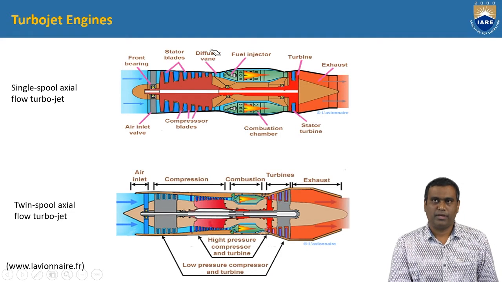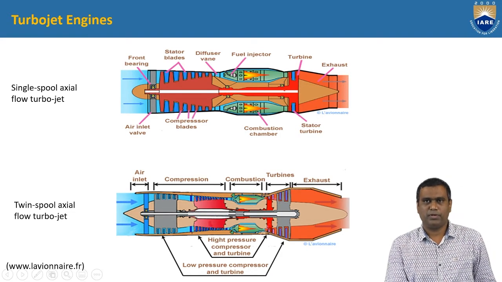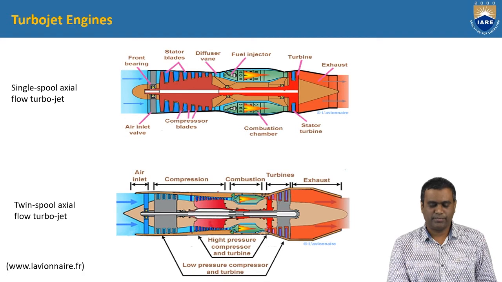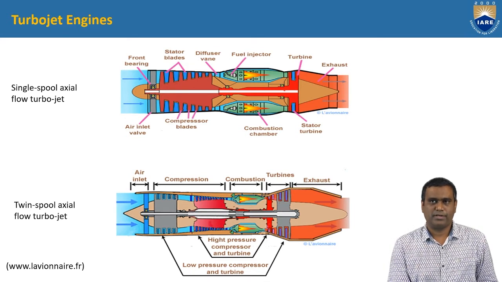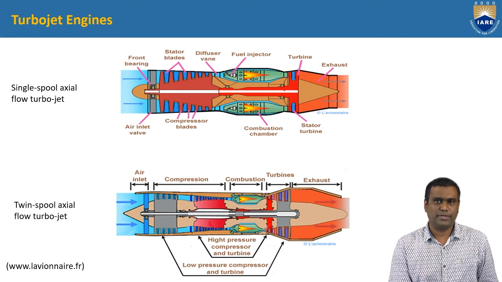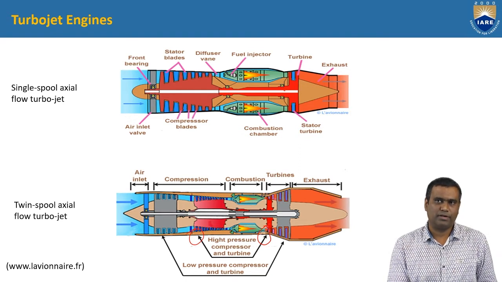And in the dual spool turbojet engine, here we can observe two sets of compressor and two sets of turbine. The high pressure compressor is driven by the high pressure turbine, and they are connected by one shaft.